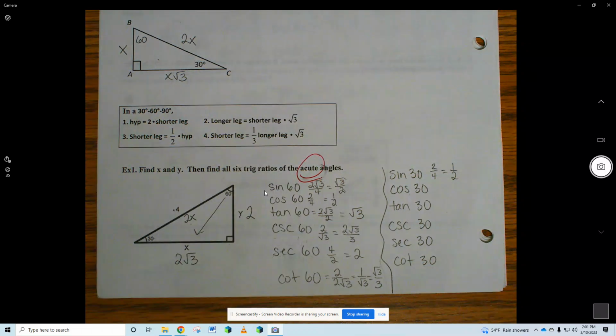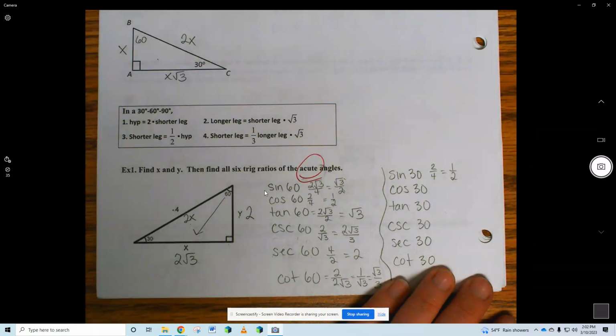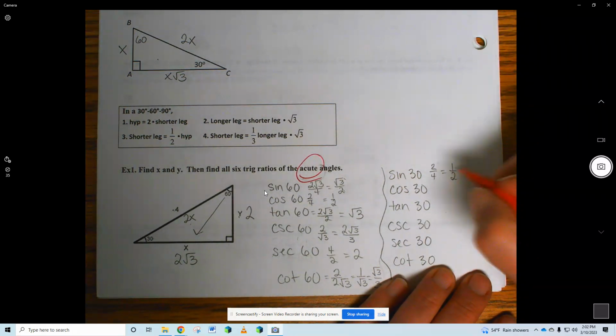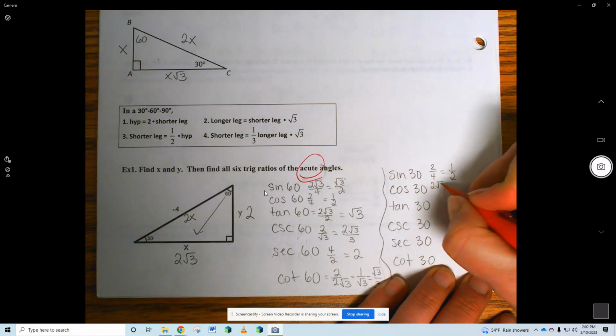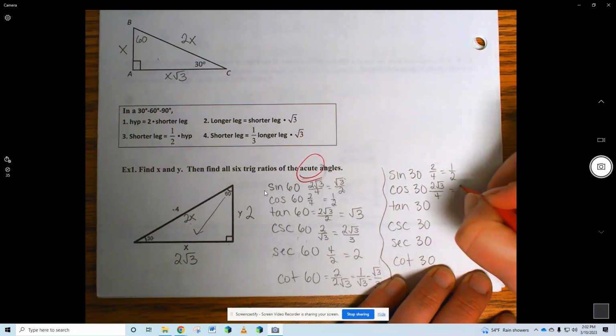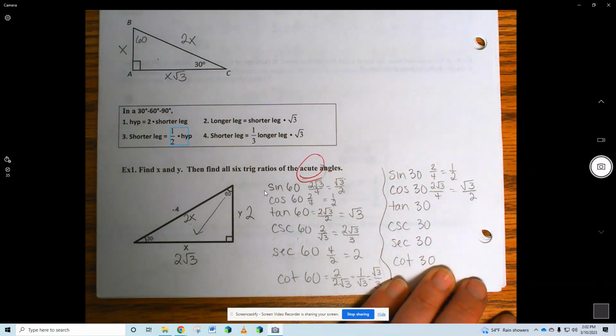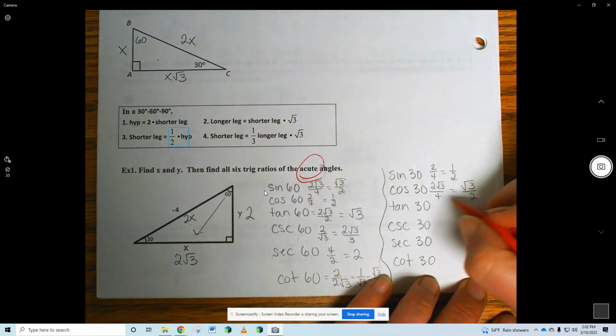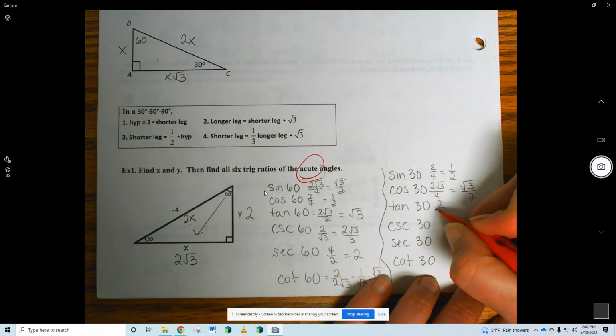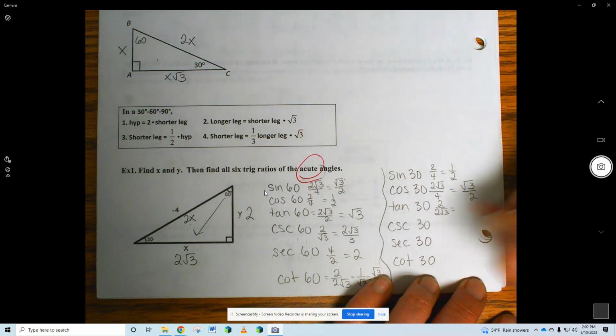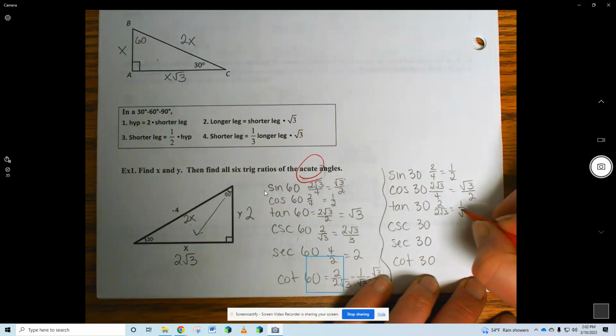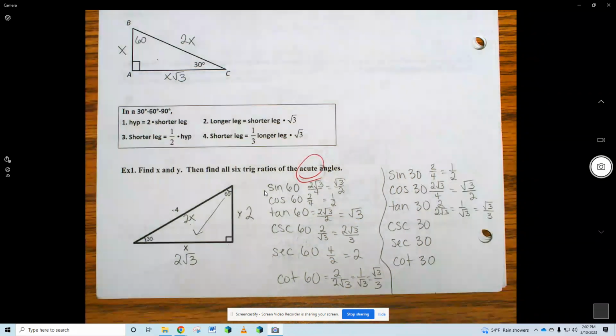Okay, I'm going to write mine in, and you can check as I go. Now I'm going to do all the steps because I need to go slow. Cosine 30 is 2 rad 3 over 4, rad 3 over 2. Tan 30, 2 divided by 2 rad 3, 1 over rad 3, rad 3 over 3.